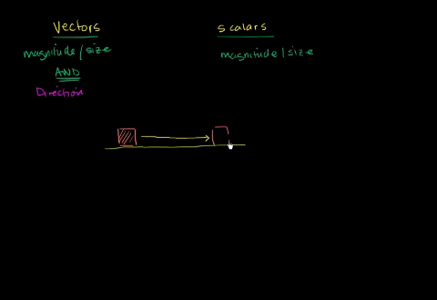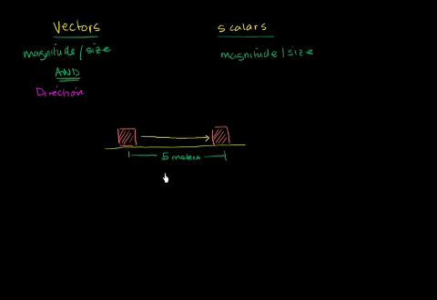Then I take a ruler out and I say, wow, I have moved the brick 5 meters. So my question to you is, my measurement of 5 meters, is it a vector or a scalar?